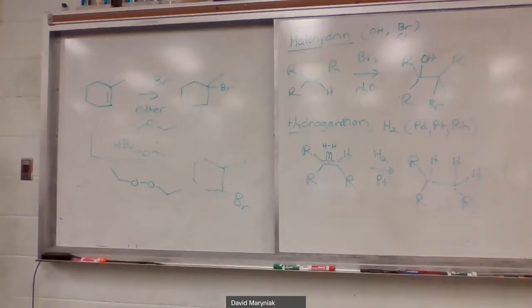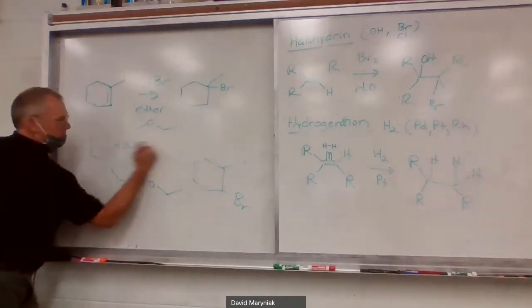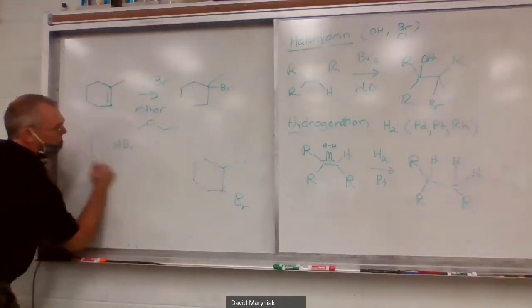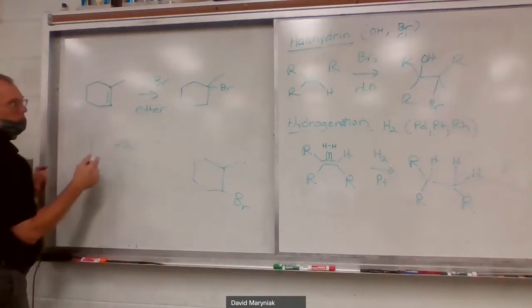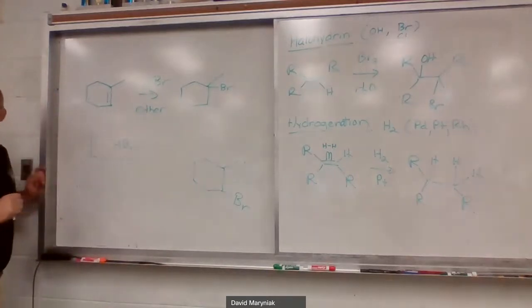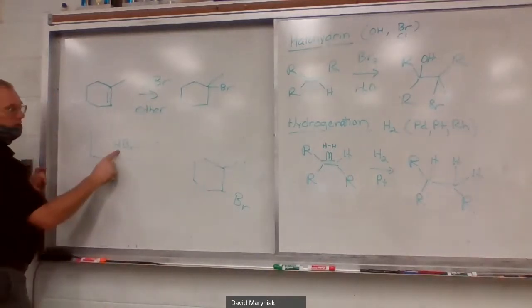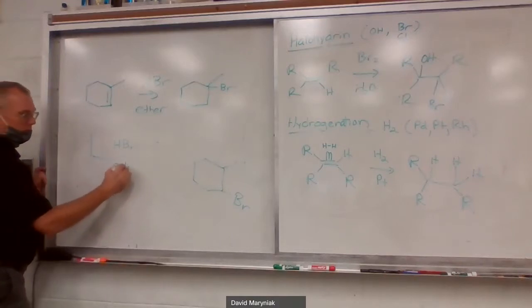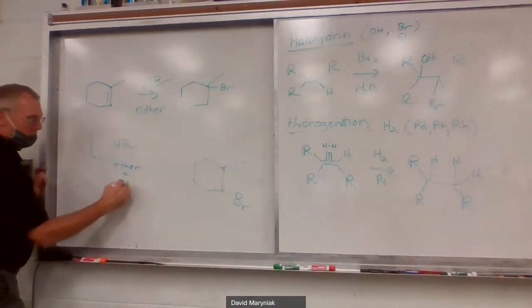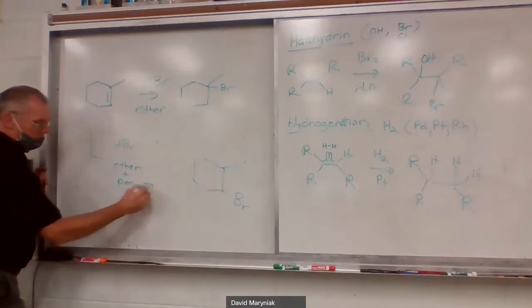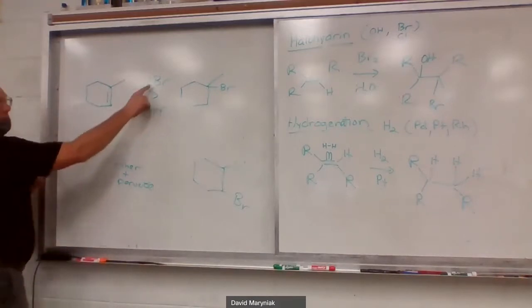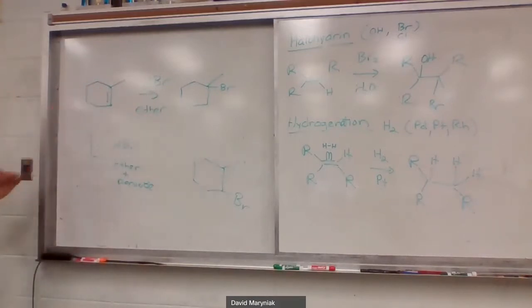So on the MCAT, it's very common to see, they won't show you the structure of ether more than likely. They would just say this with ether plus peroxide. So if you see this in ether, what product do you write?